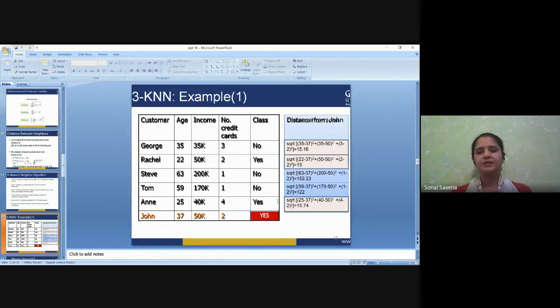So here you can see we have got only 3 cases. With the Rachel case it is 15, with the Anne case it comes out to be 122, and the last comes out to be 15. So the nearest neighbor here is at 15. That is how I compare the object with the previous objects.